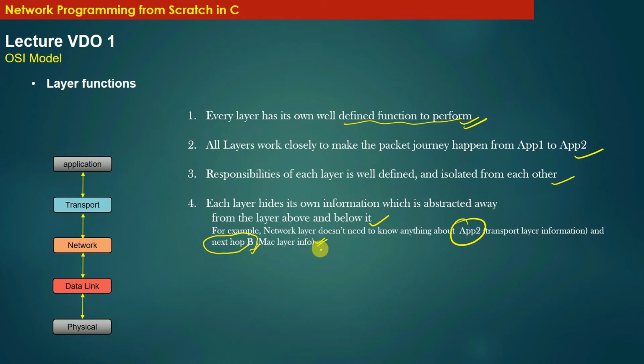To illustrate, the network layer knows that the next hop machine is B, but what is the MAC address of machine B? That information the network layer does not know. It relies on the data link layer to know the MAC address of machine B. Now when you learn L3 routing and L2 routing combined together, you will know why you would need MAC layer information of the next hop machine.